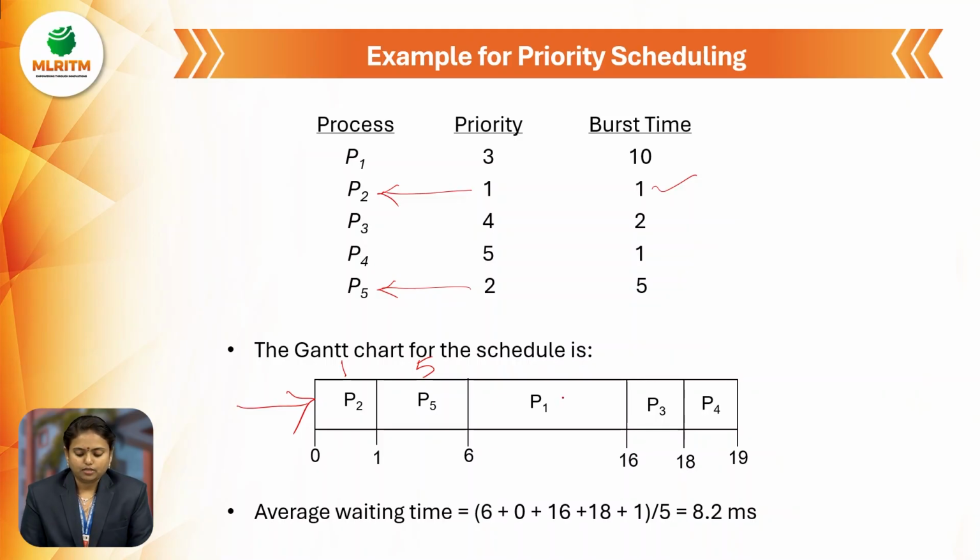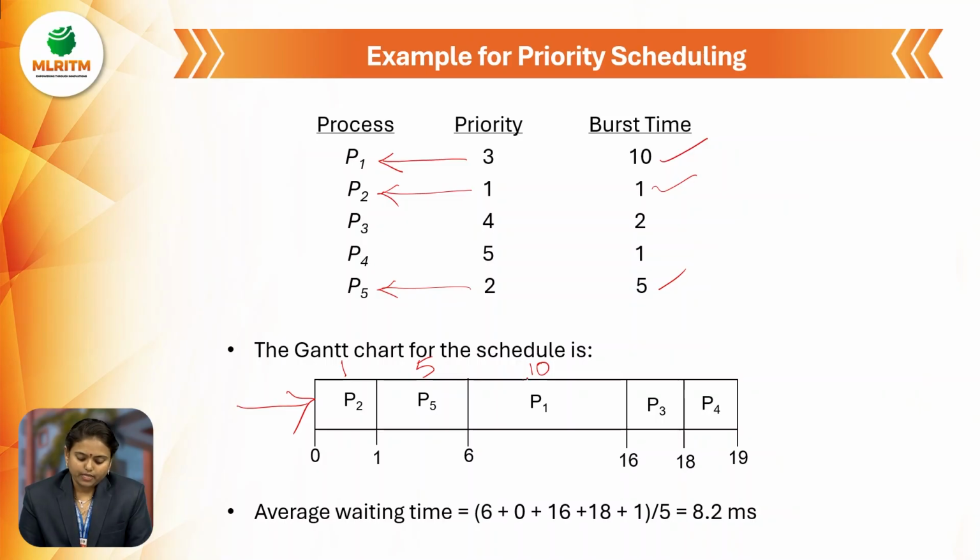What is the next process, based on the priority? 1, 2, then 3. Priority 3 is process 1, so process 1 will enter into the CPU. The burst time is 10.